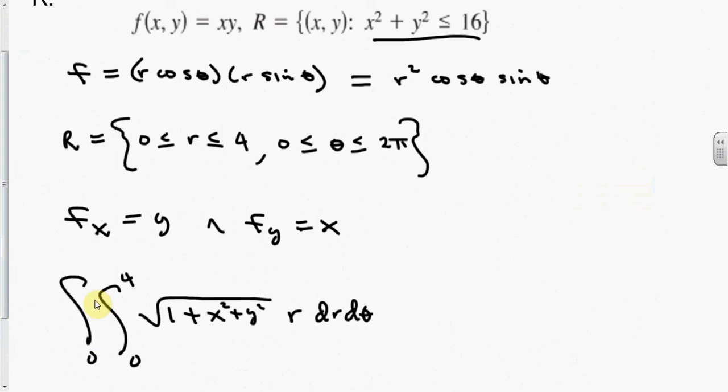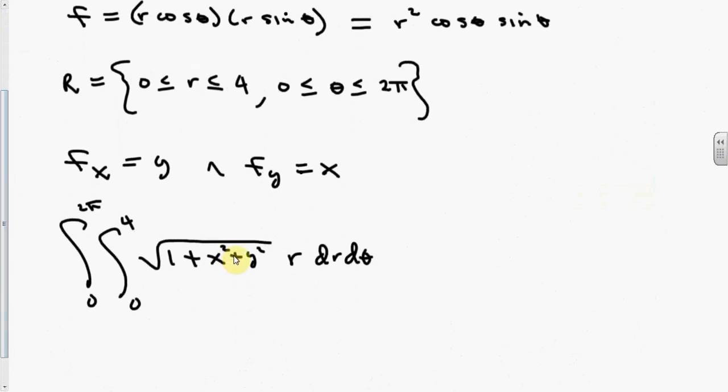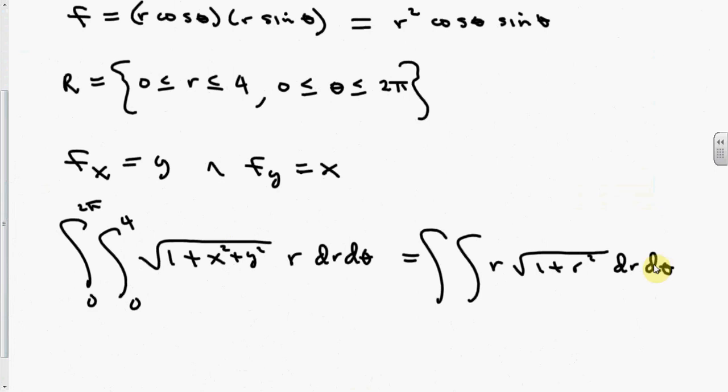Theta goes from 0 to 2 pi. Now, I can't integrate that the way it is because I have a mixture of terms. I have x, y's, and r. But that x squared plus y squared under that radical is just r squared. This is the double integral of r times the square root of 1 plus r squared dr d theta. Here r goes from 0 to 4, and theta goes from 0 to 2 pi.